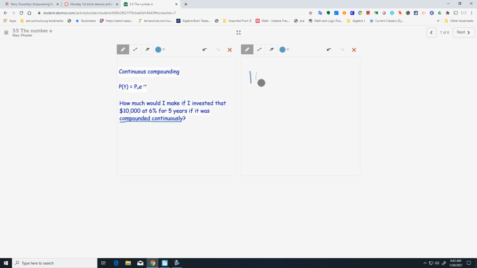So all you would have to do on this one is take 10,000 times e to the rt, so that's going to be 10,000 times e to the 0.3. To get the e, a lot of times on your calculator, it's going to be second ln.